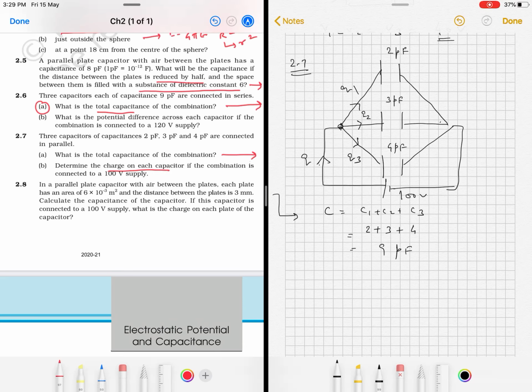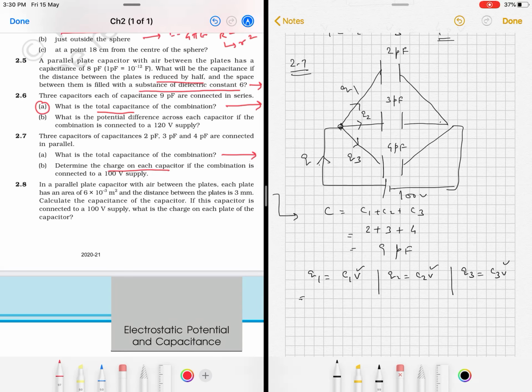Because the two plates of each capacitor are connected to 100 volts, the potential difference is the same. So Q1 will be equal to C1V, Q2 will be equal to C2V, and Q3 is equal to C3V. V is the same because they are connected in parallel.